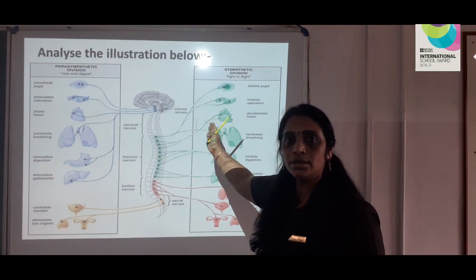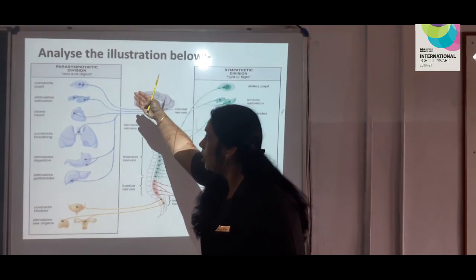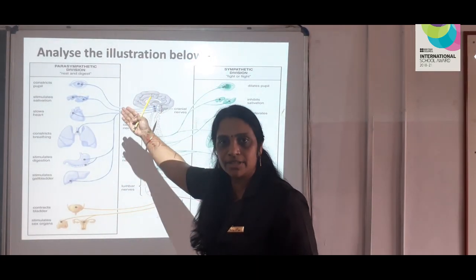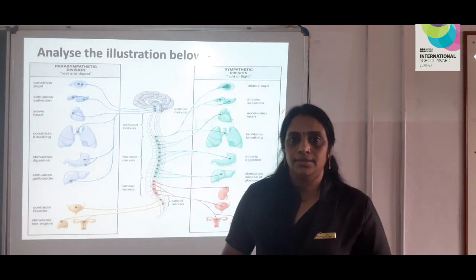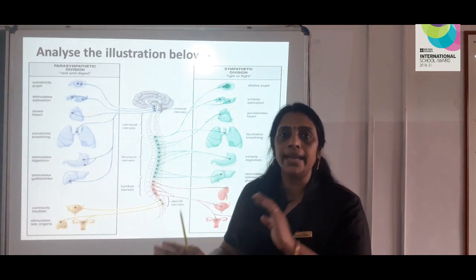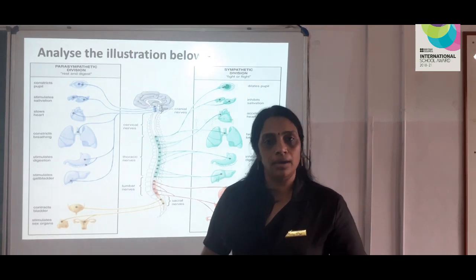When the situation is overcome, this system functions. So all the organs in our body will function normally. This is how the sympathetic and parasympathetic systems function in our body.